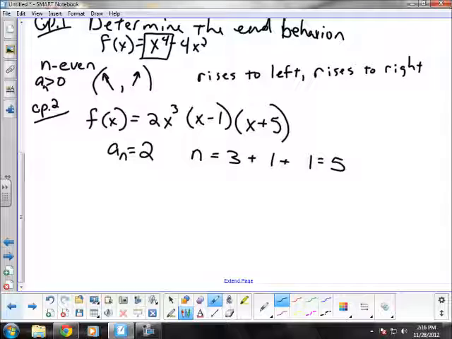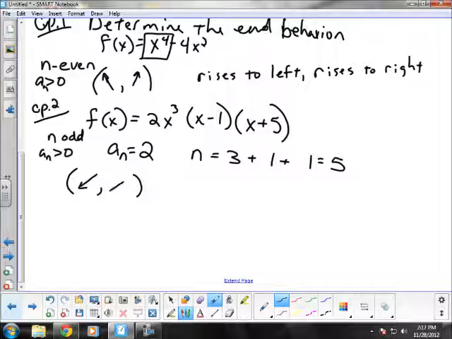So just knowing that, without having to go through and multiply all that junk together, what do I know about this end behavior? It's positive, n is odd, and a sub n is greater than 0, so it starts down but ends up.